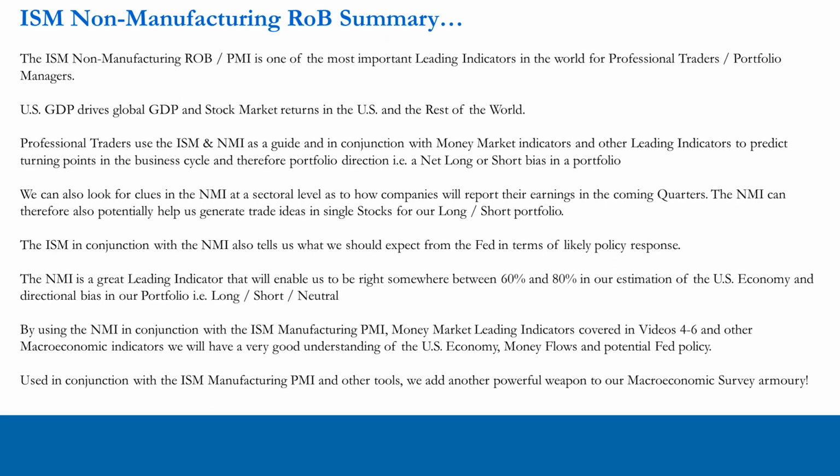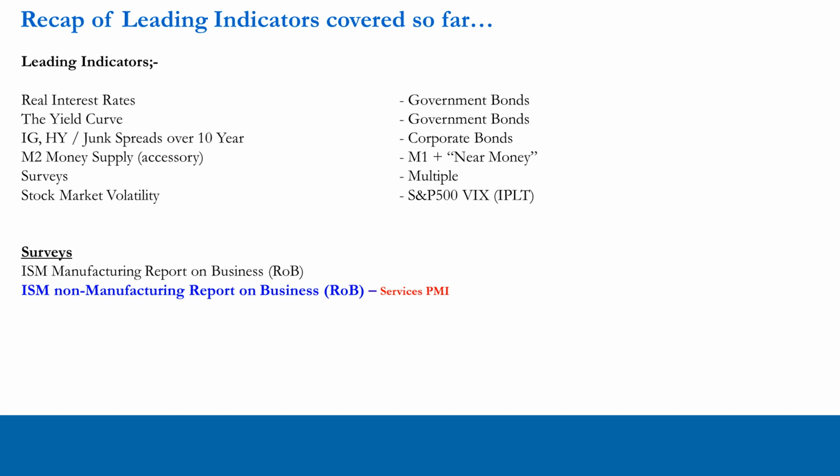So, closing the loop, this is what we're going to do. We add the ISM non-manufacturing report on business, the services PMI, to our leading indicator list of surveys and our bigger list of leading indicators overall. So we have our money market indicators, real interest rates, and the yield curve in the government bond market.